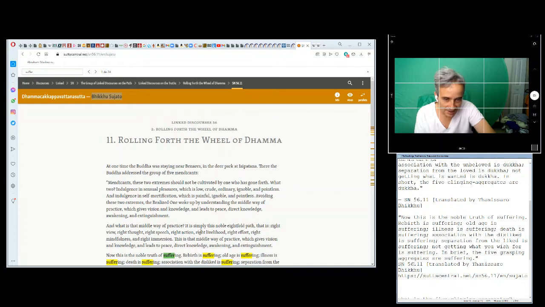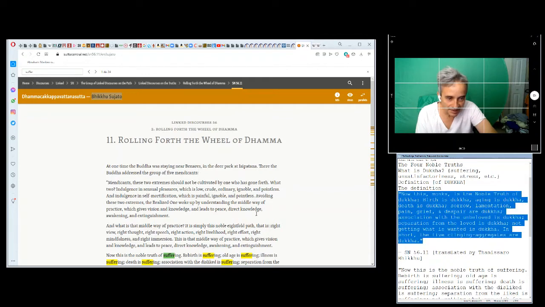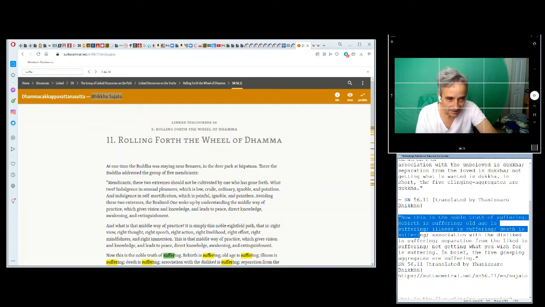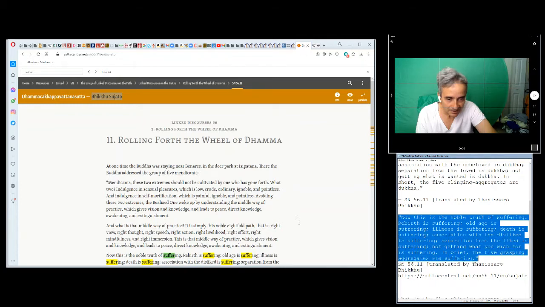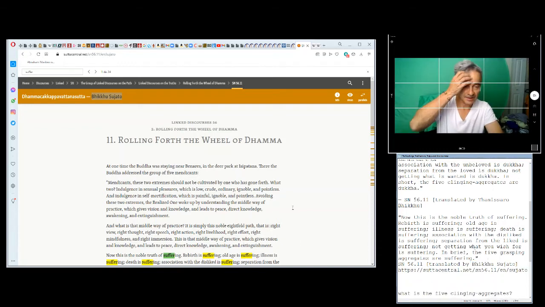And another thing I noticed is that in this translation it says birth is suffering or dukkha, aging is dukkha, death, sorrow, lamentation, pain, grief, despair, dukkha. In this one it says rebirth is suffering. Oh, instead of saying birth, this one says rebirth.